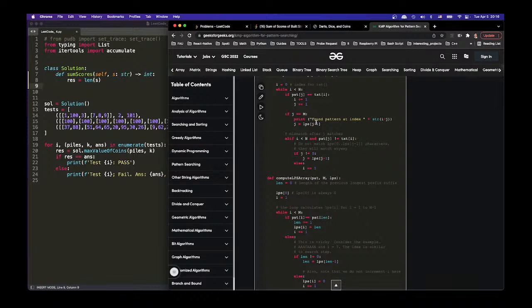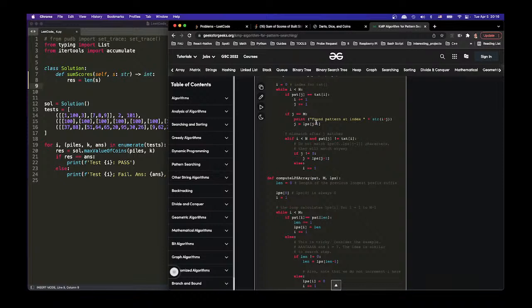In this case, what is the longest prefix that's equal to suffix? So we find that, right? And then because length is smaller, we do pat[i] equals pat[length]. Okay, if it's still no good and the length is not equal to 0, then we find this position.